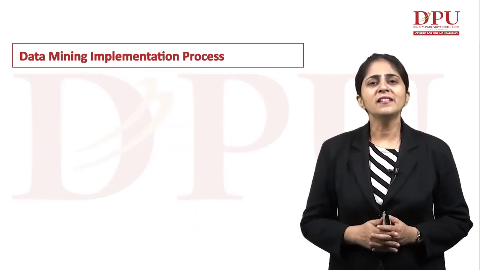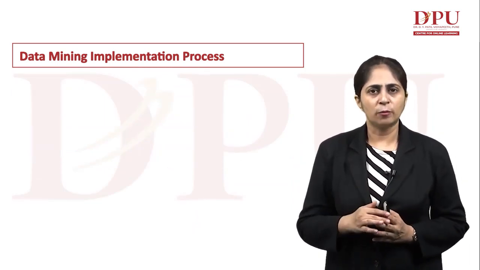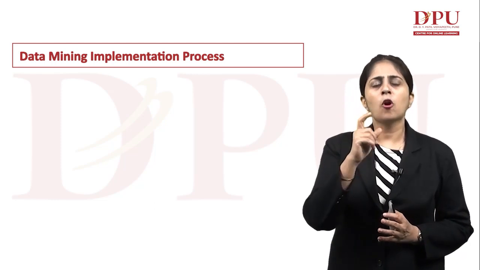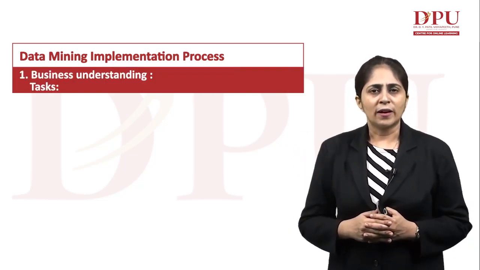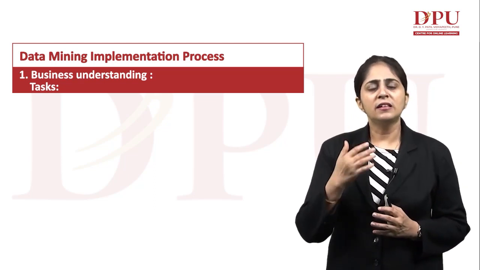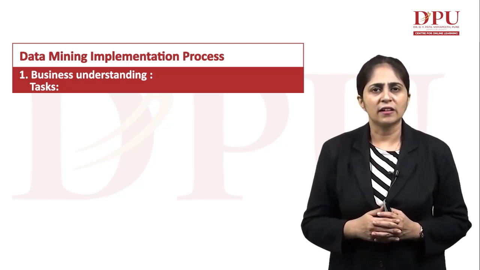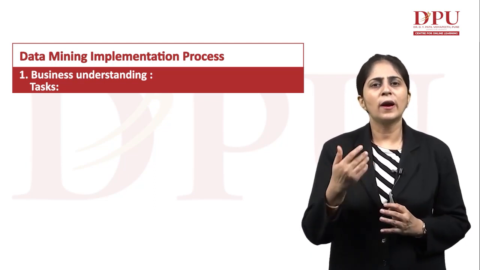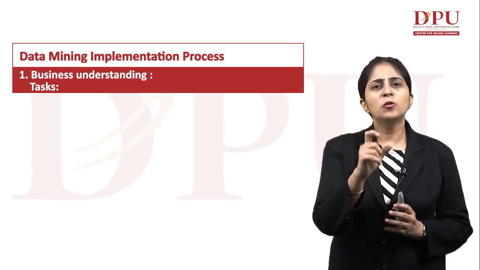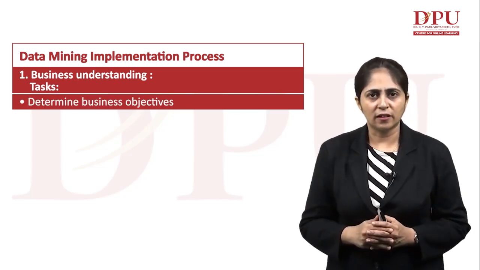Now, understanding all these steps one by one, if we talk about business understanding, what all steps are required? What tasks are done in business understanding? The very first task that is required for business understanding is to determine the business objective.